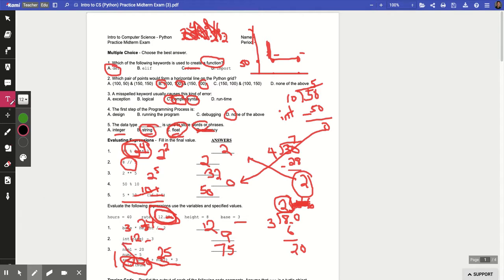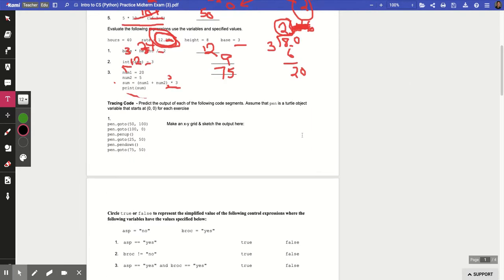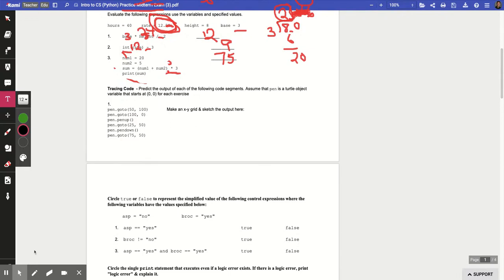We're printing sum, and at that point in the exercise, sum is equal to 75. And I'm having trouble scrolling down. So, yep, there you go. I still have a little bit of time left in this video.